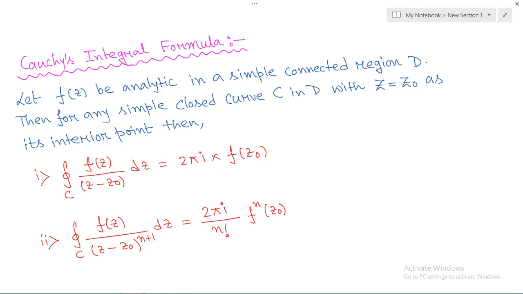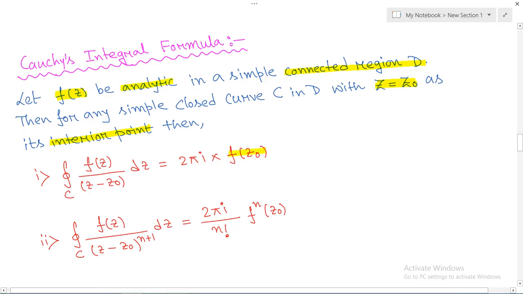So here the condition is that suppose we have a function f(z) which is analytic in a simply connected region D. Then for any simple closed curve C in D with z equal to z0 as an interior point, the value of this integration is going to be like this: integration over C of f(z) by (z minus z0) dz.